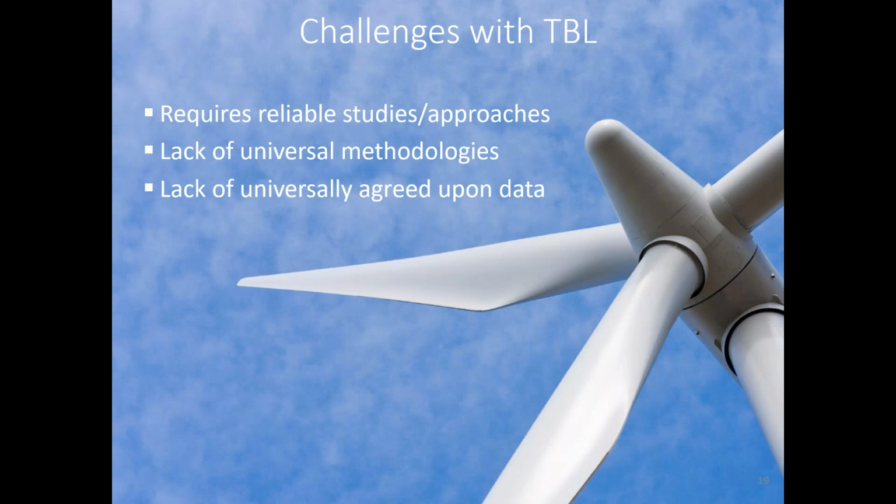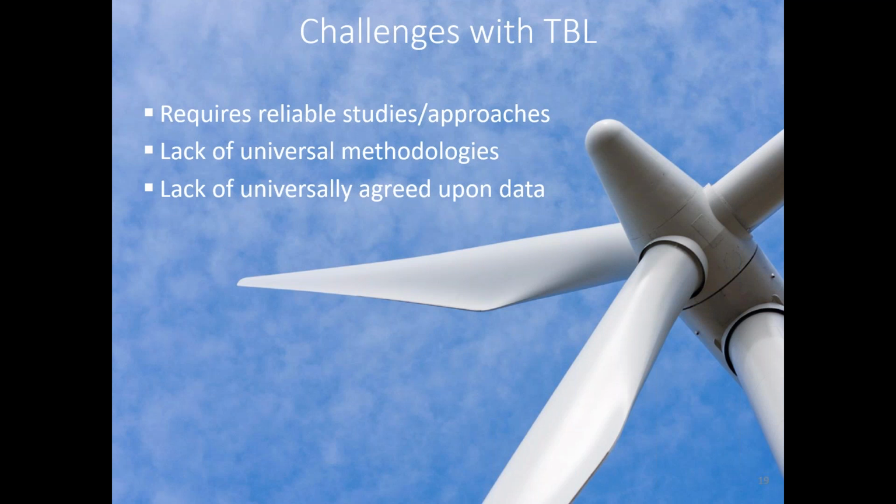So we've got a few challenges that we want to discuss with this kind of triple bottom line cost benefit analysis. I think it stems from a few different areas, and of course some of these areas are improving and we're seeing some impacts, but reliable studies and approaches, we're really at the mercy of what's being produced by federal agencies, by other levels of government, by academia, NGOs, etc., that are producing these kinds of very rigorous peer-reviewed studies that provide the data that feeds into these kinds of analyses.